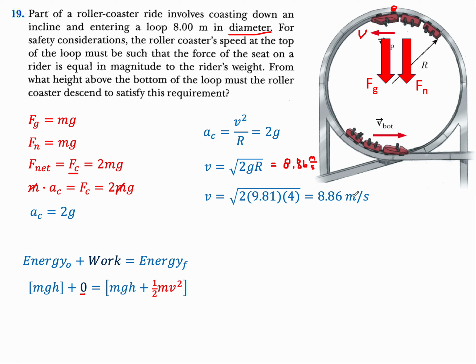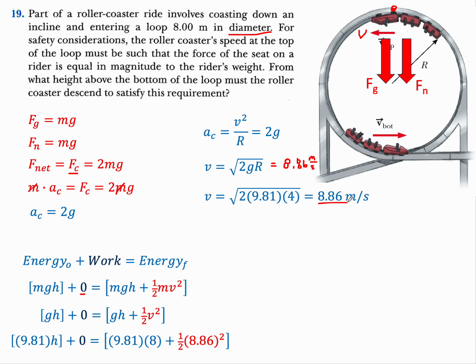Interestingly enough, there's the answer I was looking for, a slight order change. We can actually remove mass from all three terms. All three terms have m, dividing both sides by m, we get that. And now plugging in our numbers. The height, since the diameter of this thing was 8 meters, is going to be 8 meters above the ground.